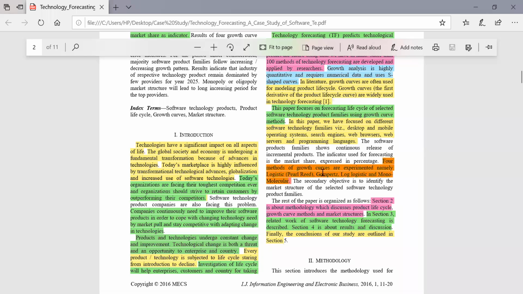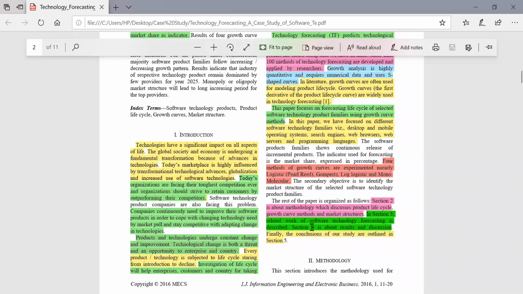Once the literature is done, section 2 will provide the discussion related to the product life cycle and the growth curve methods, how it is grabbing the market. Section 3 is related to the work on software technology forecasting, what we were discussing in the abstract. It throws entire light on forecasting technologies.